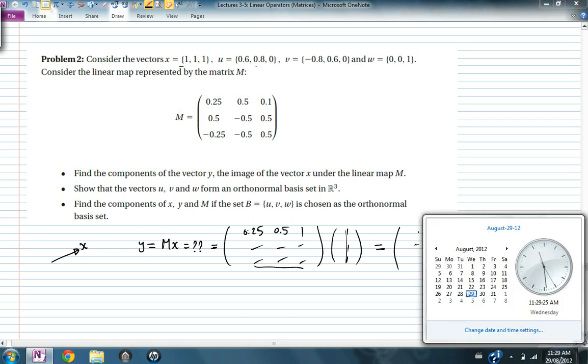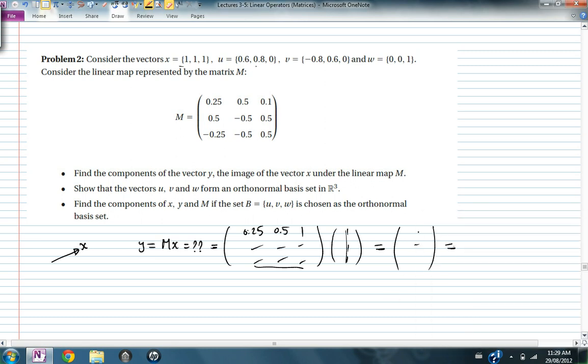And this will be equal to 0.85, I think it's 0.85, 0.5, negative 0.25. So this is y. When I multiply the linear operator M by x, I get a new vector y with these components.